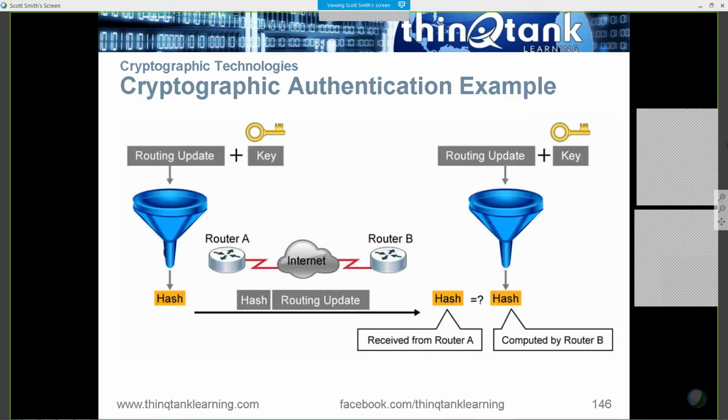The router that receives the routing update sends it through the hashing function with the key. Out pops the MAC. We compare that to the received MAC, and of course it's verified because it is a valid MAC. We're talking about the message authentication code, not a MAC address. A lot of times people get confused about that.